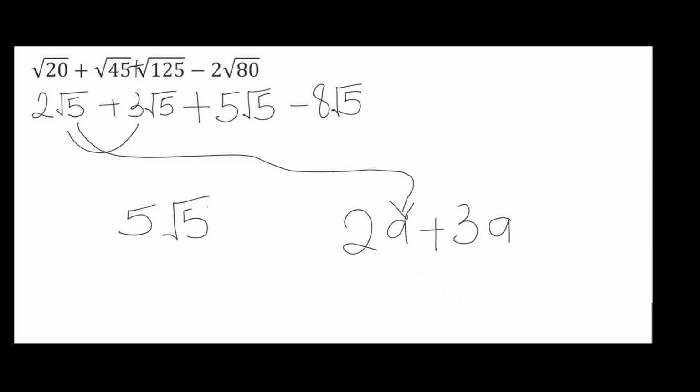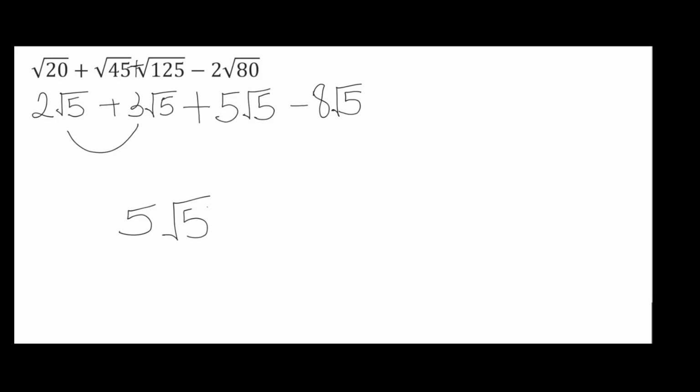So it's the same thing with surd. Because they both have the same surd, that is, they are similar, the answer is 5 root 5. So when we have 5 root 5 plus another 5 root 5, it becomes 10 root 5, because 5 plus 5 gives 10.